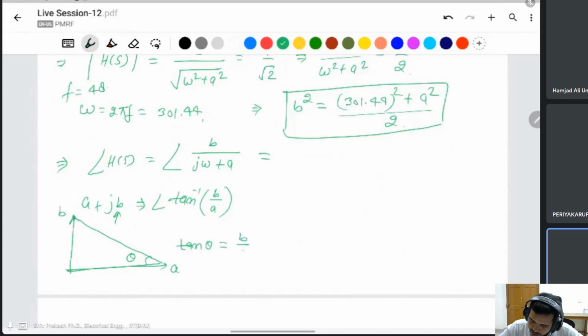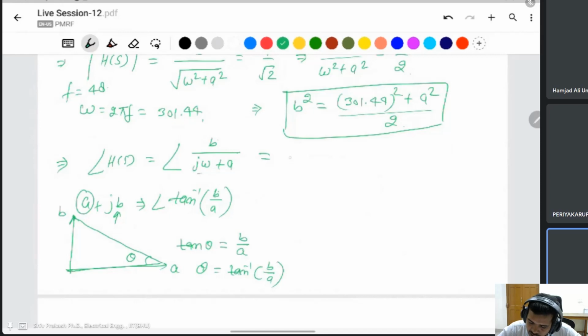B by A. Then theta is tan inverse of B by A. That's why this is tan inverse B by A. If there is only A, not B, then B is 0. If B is 0, then tan inverse 0 is 0. That's why the angle of B is 0 degree.